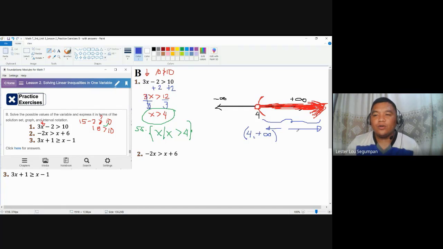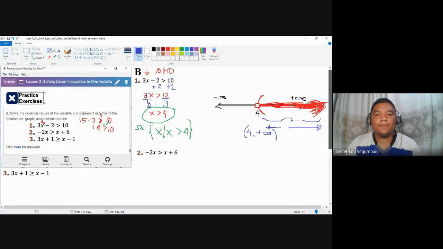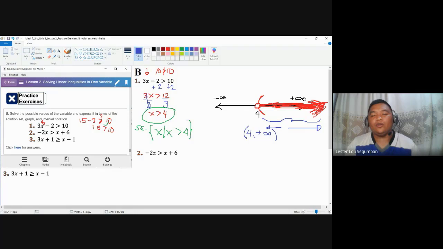Let's try to go to item number 2. Here in item number 2, we notice that on your left-hand portion, no other constant, unlike number 1 here. So it's already okay here. However, for the right-hand side, unlike number 1, which is already in constant form, we have here the variable x.